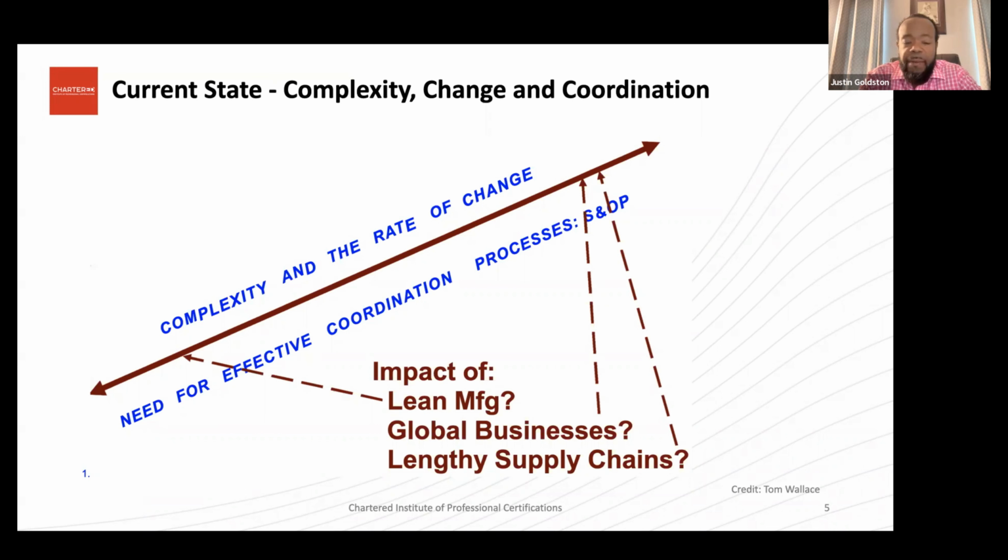And then, we have the lengthy supply chain. Given that we have a number of business partners that participate within our supply chain networks, they're experiencing disruptions similar to how we are, right?